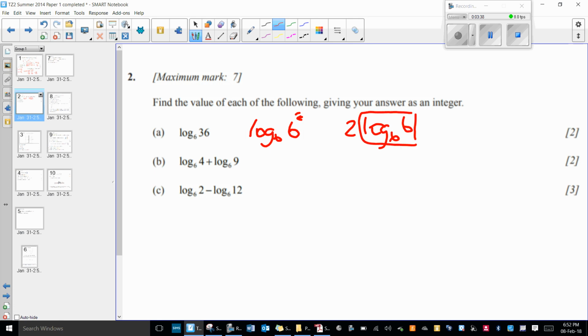When you're adding logs, you would multiply them. Maybe I should show you that.